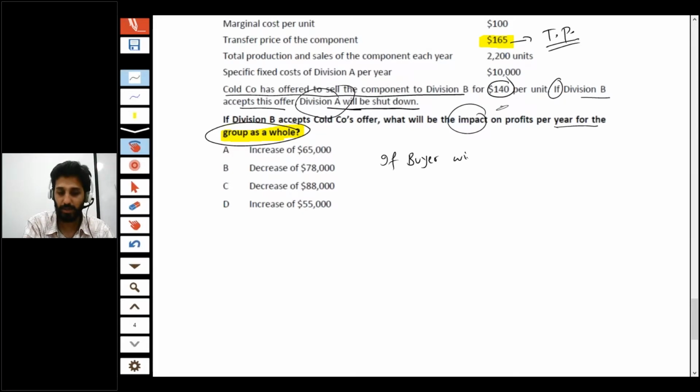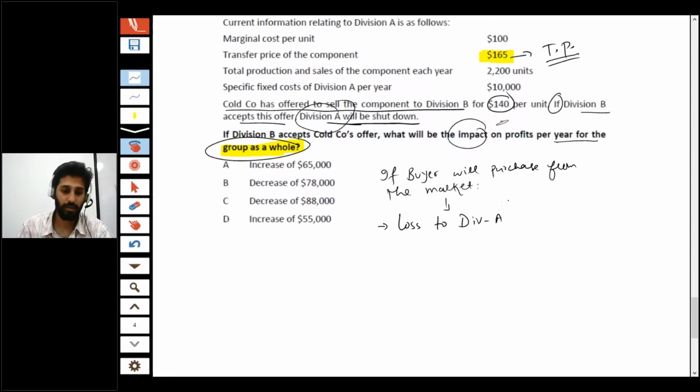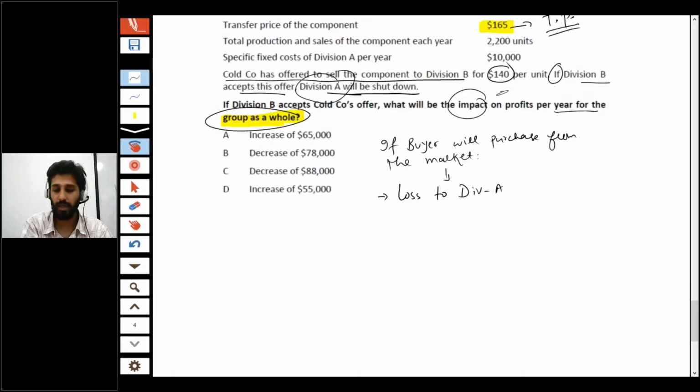So here, if the buyer will purchase from the market, then there will be loss to division A, I mean the seller.